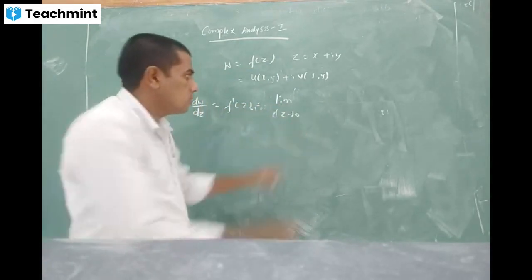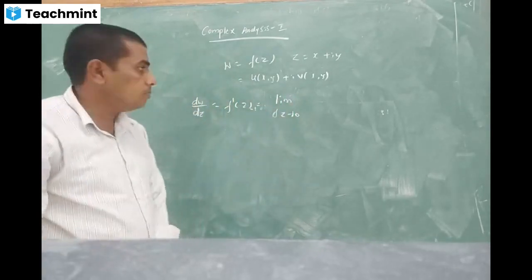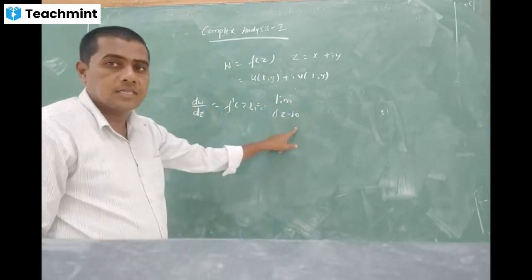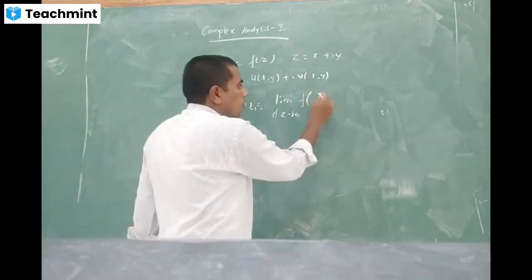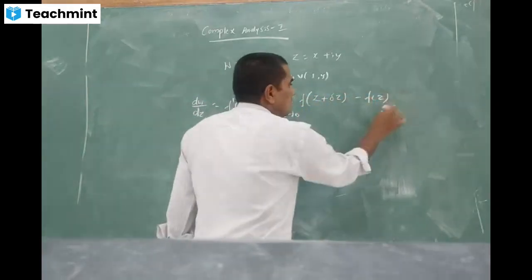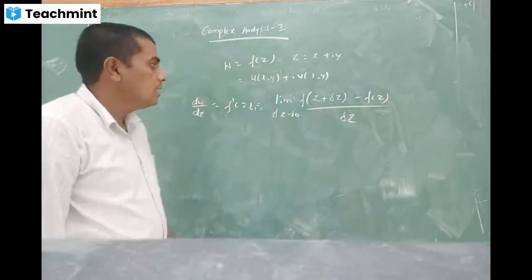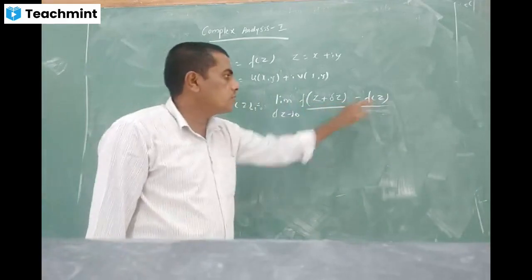Just try to understand this because next I am going to prove the theorem, so there I need this statement: f of z plus delta z minus f of z divided by delta z. Is it clear?